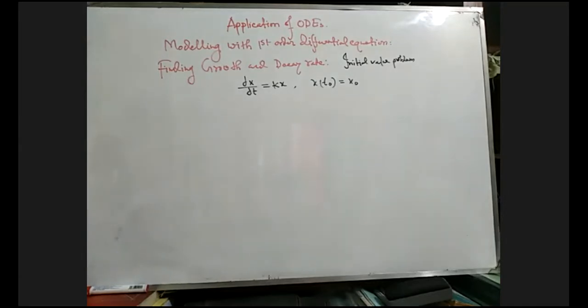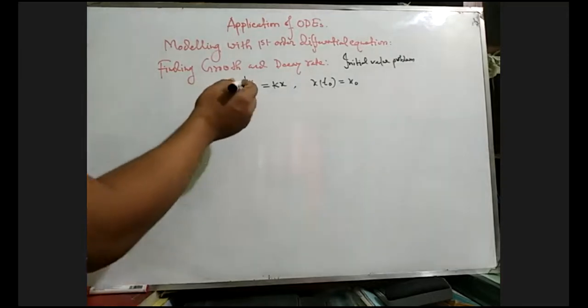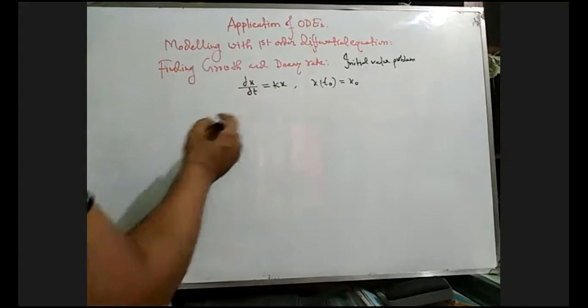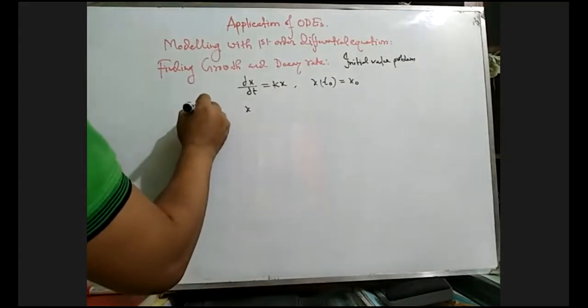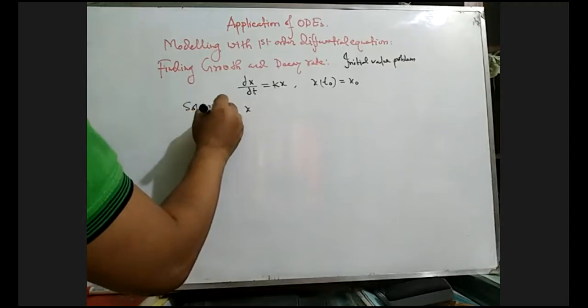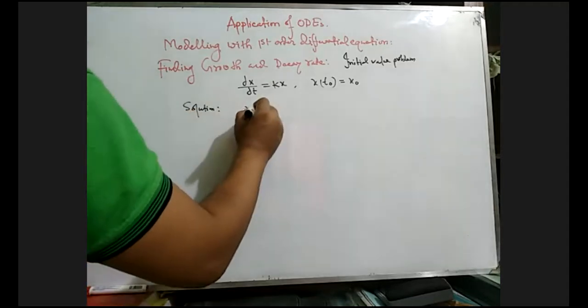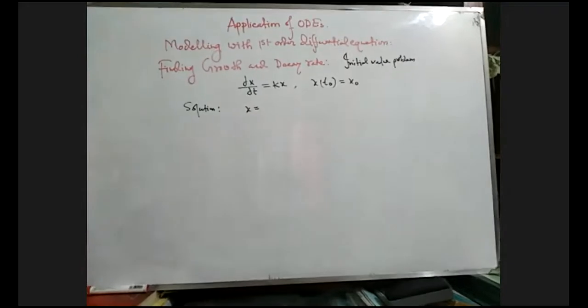Where k is any constant, and we can solve this. The solution will be like this. X is the dependent variable and t is the independent variable.